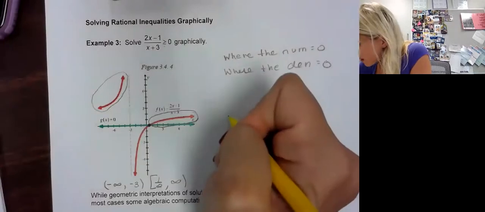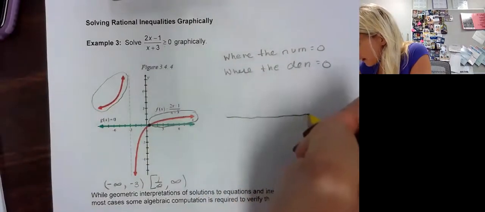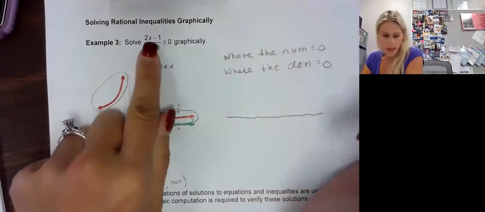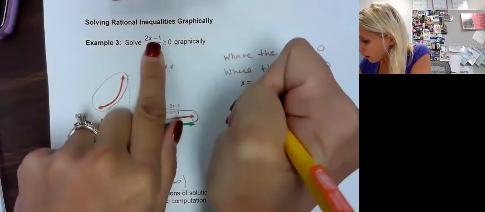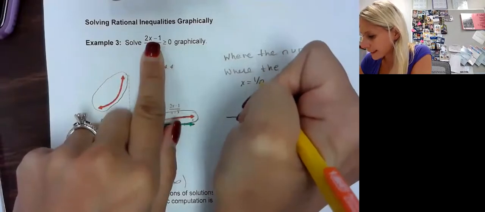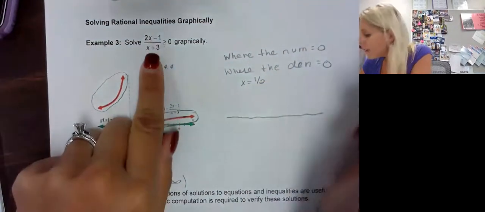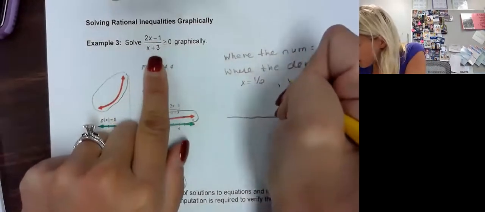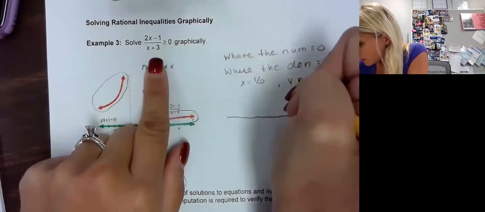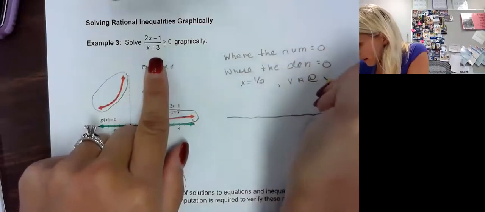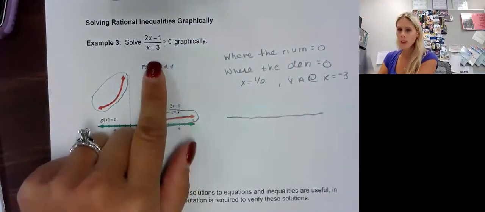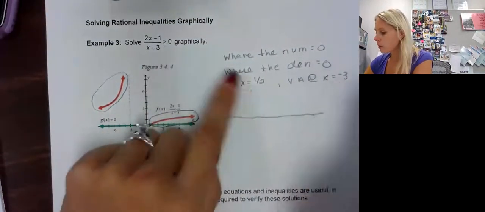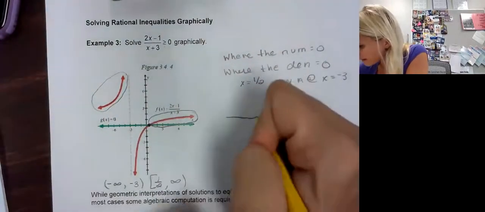So if I look and I make my sine ray here, I see that x would equal 1/2. That's setting the numerator to 0, and that we would have a vertical asymptote at x equals -3. Okay. So I'm going to put those in order on my sine ray right here.